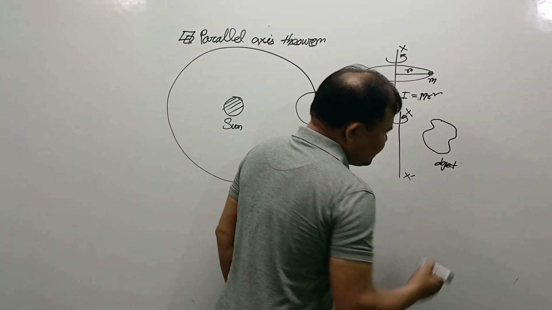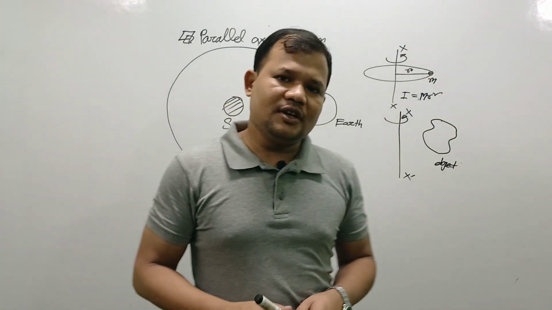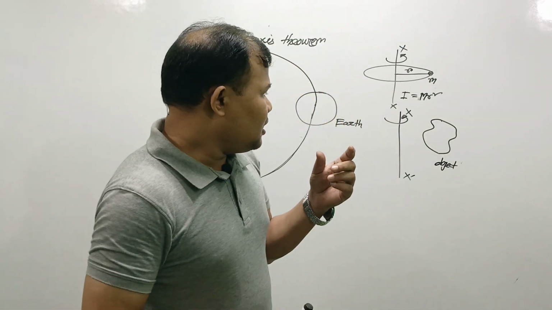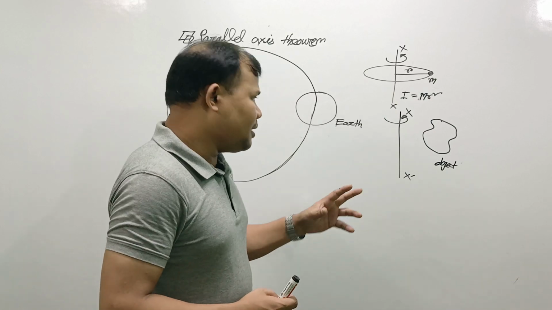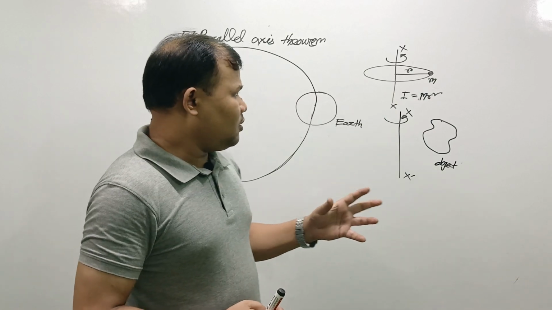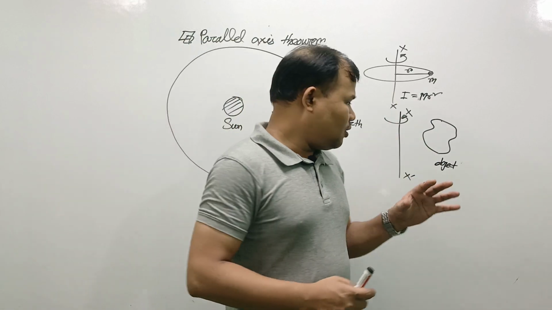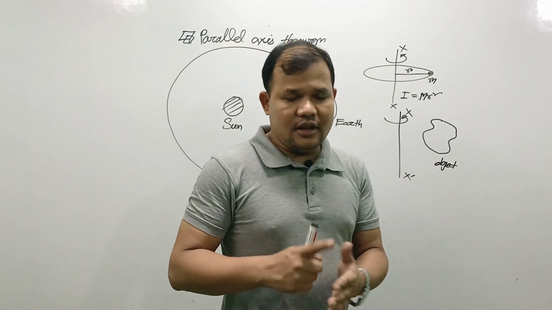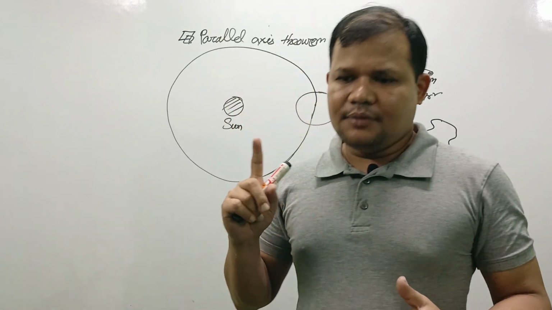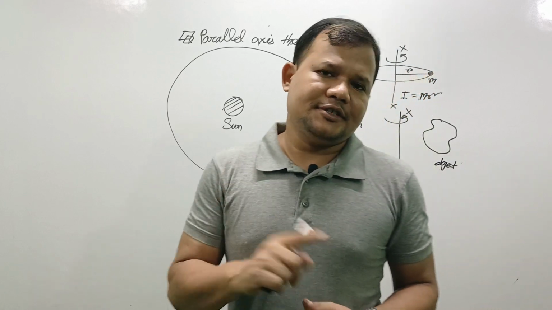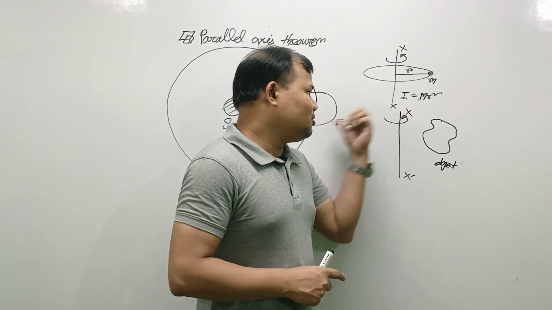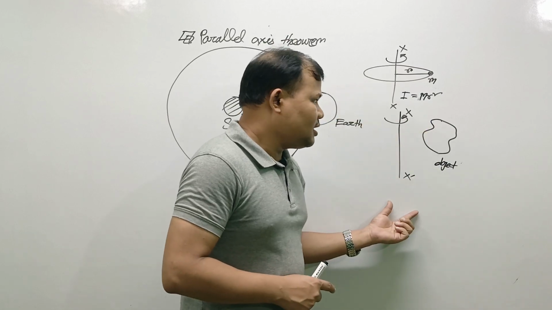In case of finding the moment of inertia of an object, we can apply at least two ways here. One way we already discussed: we know this object is made of a lot of particles, and if this object rotates around the x prime axis, that means a lot of particles actually rotate around this axis.